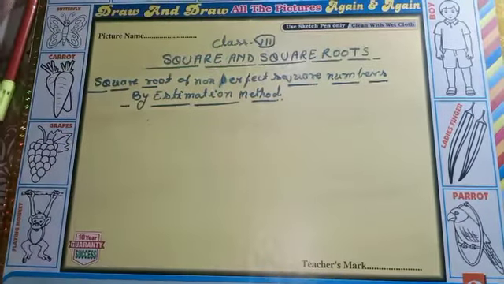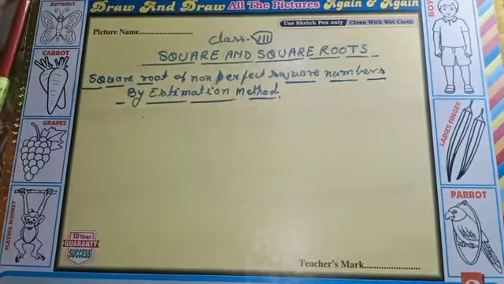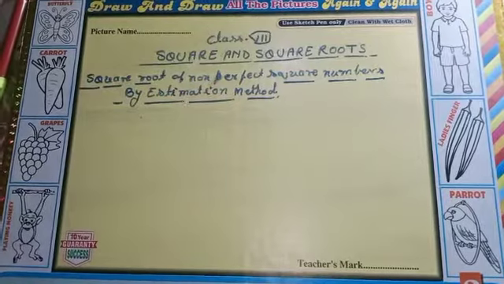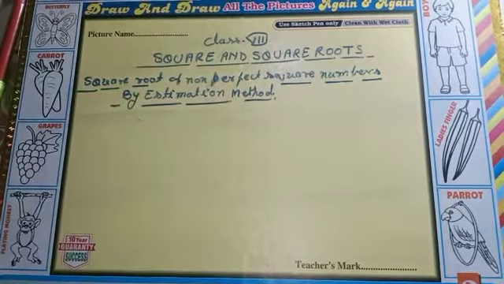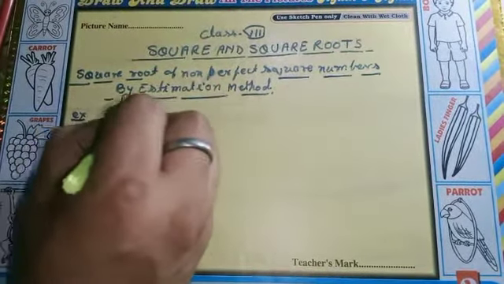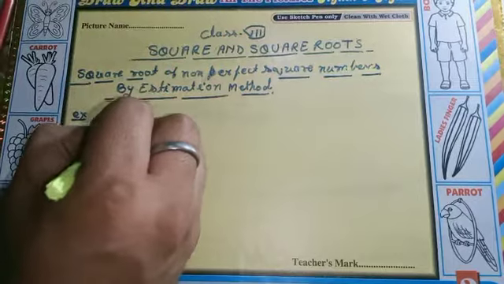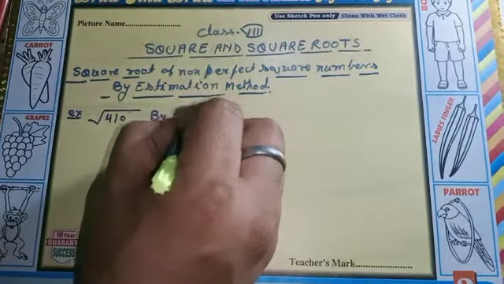Find the square root of 410 by the estimation method.